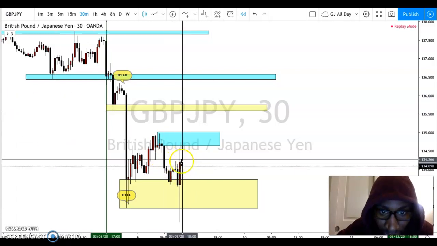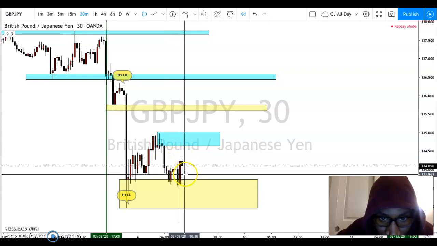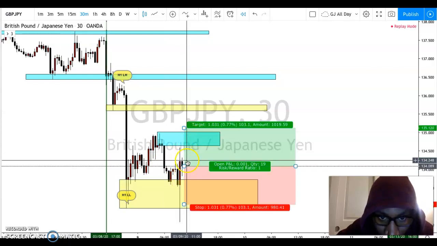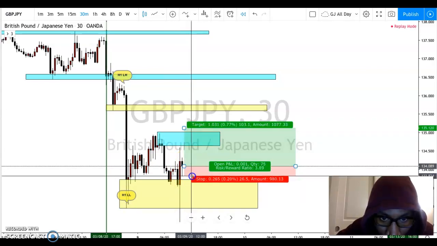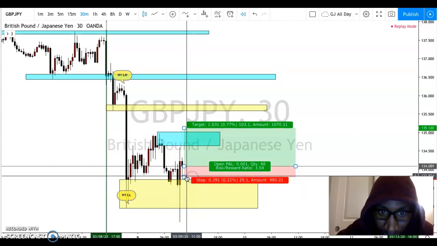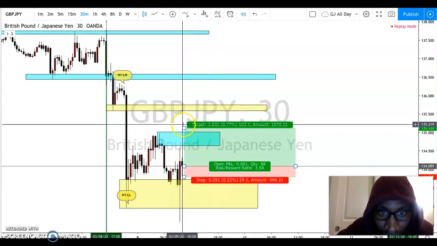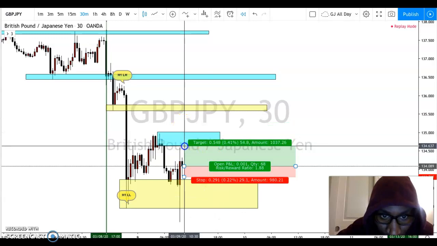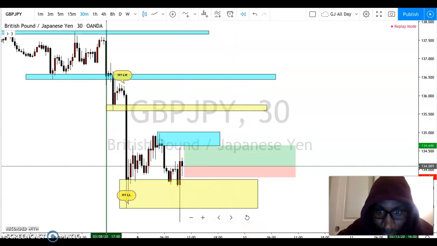I would have taken this, put stops below this candle, because if we break below that candle, we're going down. And I would have had my TP at the area of supply. So let's see what happens.